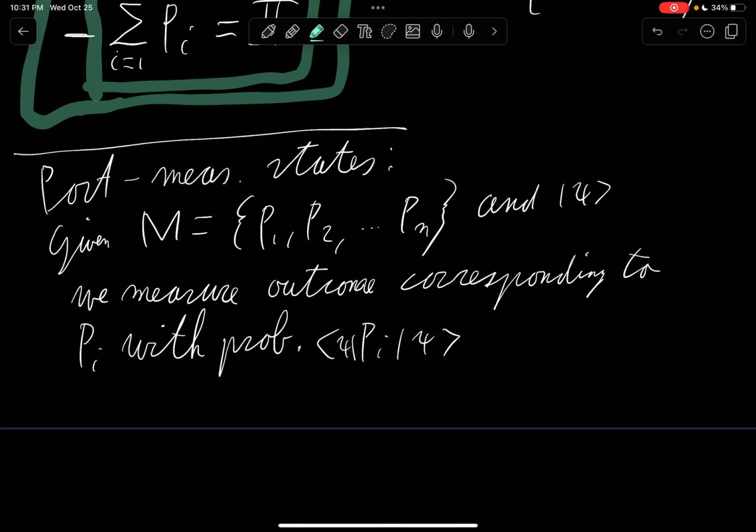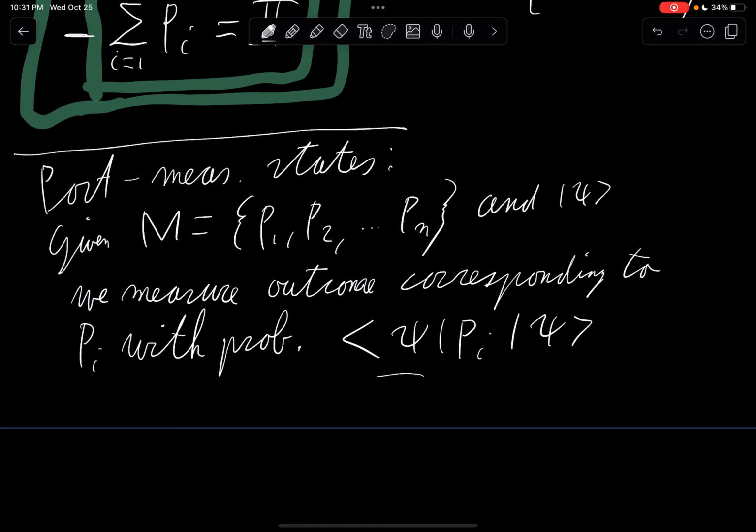Let me write this a bit more clearly. So I take my pi and I sandwich it in between the bra of psi and the ket of psi.